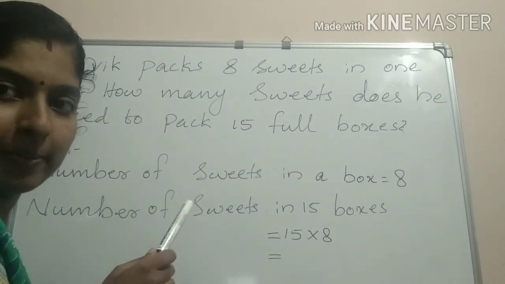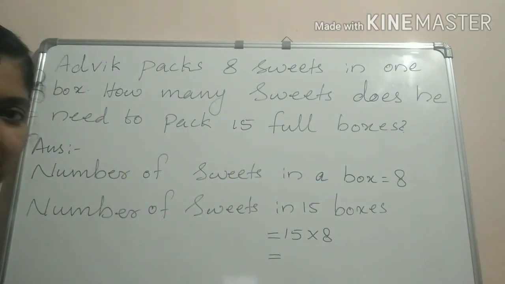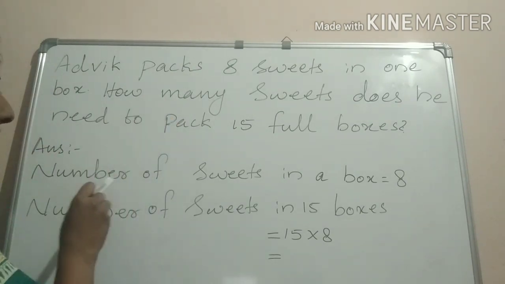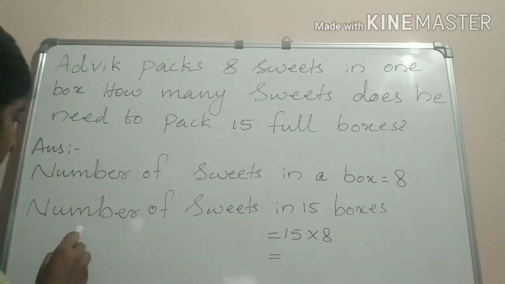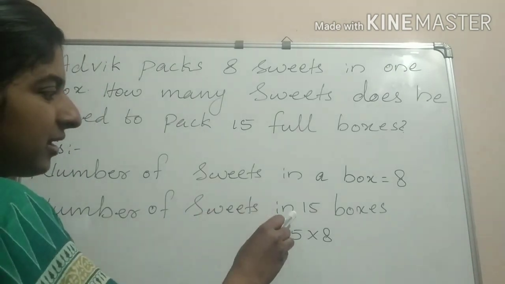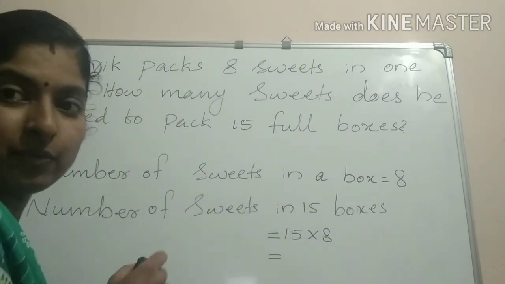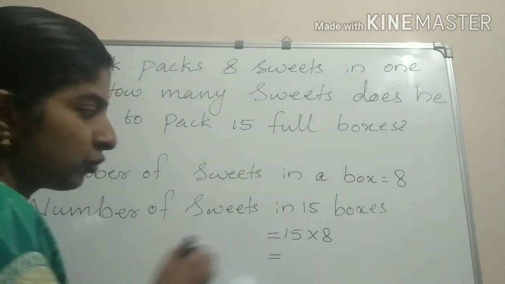That is multiplication. How to write the steps? See, what is given? Number of sweets in a box is given. That is 8. Then, number of sweets in 15 boxes, that we have to find. 15 into 8.